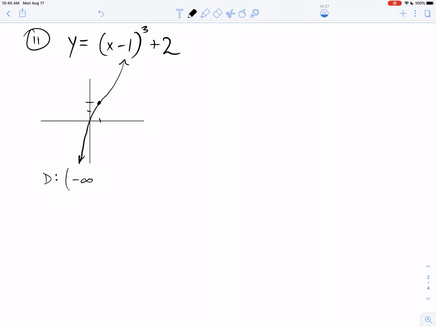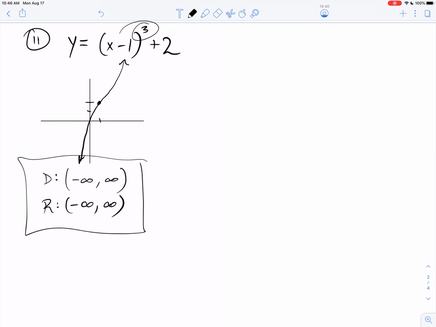It goes left forever, it goes right forever. It goes down forever, it goes up forever. No matter what you do to a third power graph, you will always have this. A polynomial graph like a third power graph, you cannot draw this thing. No matter what you do to it, it's going to have that domain and range.